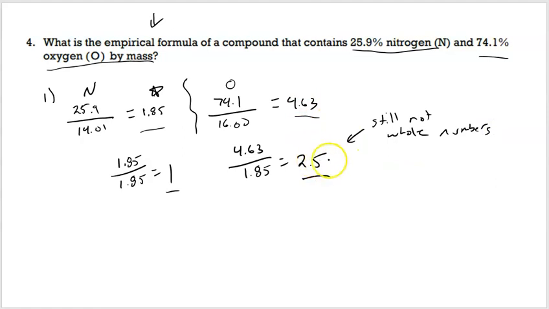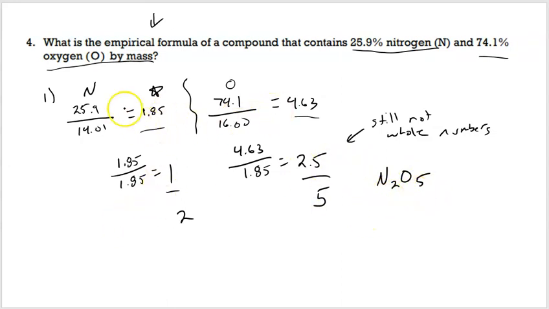So simple enough: this is a 2.5 and this is a 1, so all I'm going to do is double it. I'm going to make this 2, and if I double 2.5, I get 5. So my empirical formula would be N2O5. That is my lowest whole number ratio.